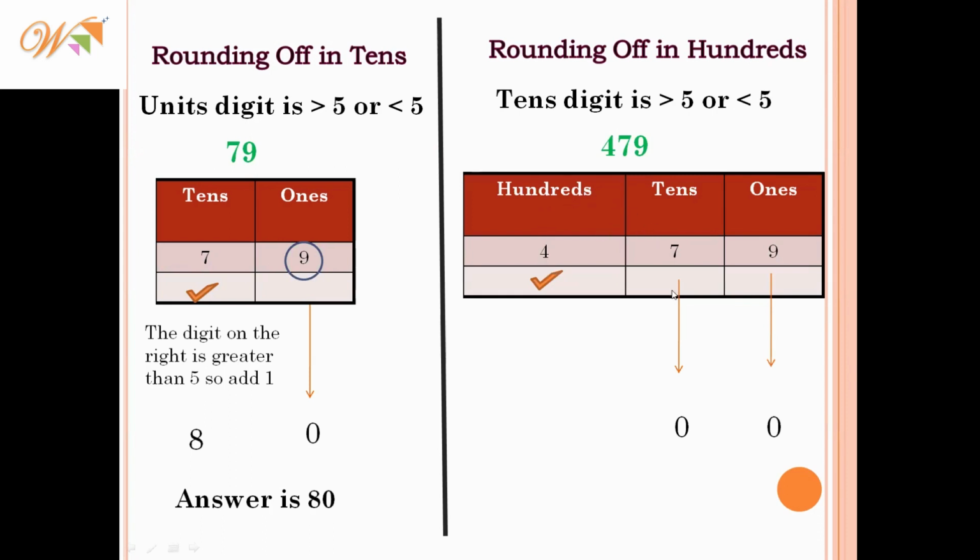That means the digit at the tens place. Now if this digit is greater than 5, then add 1 to 4. If this digit is less than 5, then do not add 1 to 4. Now here we have 7. 7 is greater than 5. So we will add 1 to 4, and 4 plus 1 becomes 5. So the answer for 479 will be 500.